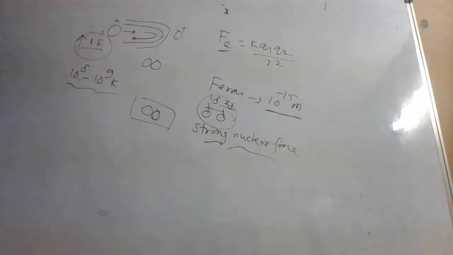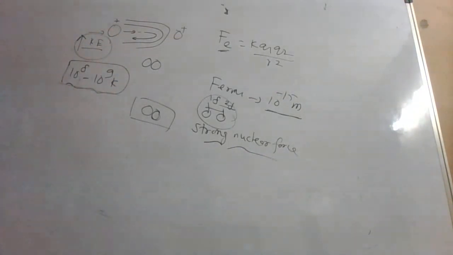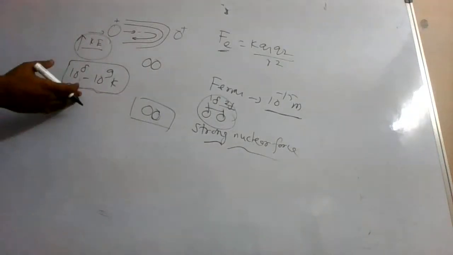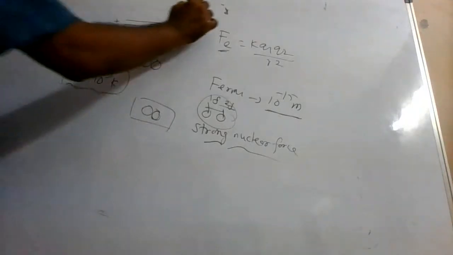Only then will this process happen, because when the temperature increases, the kinetic energy of the particles increases tremendously. Producing this amount of temperature is very, very difficult. Alright, all these stars that you see, they glow, and the energy they possess is because of the fusion process only.